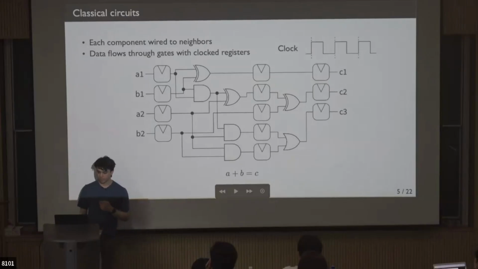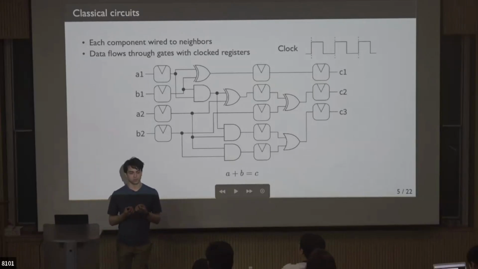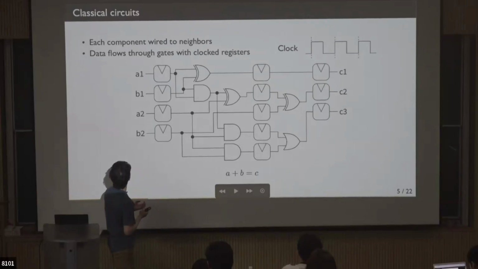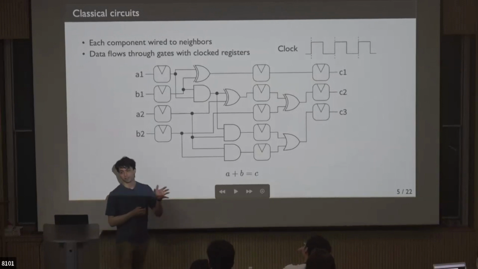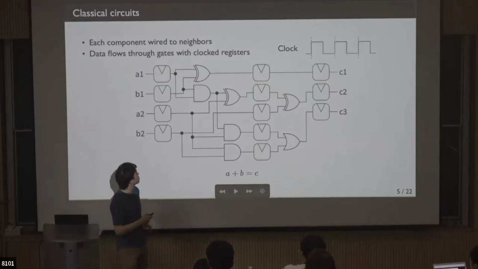Okay, so in terms of the feature of classical circuits that we want to copy, in a classical circuit, each component is wired to its neighbors, and data flows through gates that are fixed at manufacturing time. Here I've drawn an adder. These are logic gates you might be familiar with, AND gates and XOR gates.